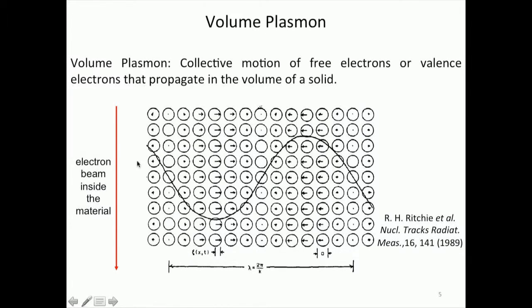If you have an electron beam here, this red arrow, inside the material, you are going to create an electric field that acts on the electron cloud. Here he represents the electron cloud displacement, epsilon. What constitutes the volume plasmon is basically a polarization wave that propagates throughout the bulk of the material. And here he also represents the wavelength of this volume plasmon.